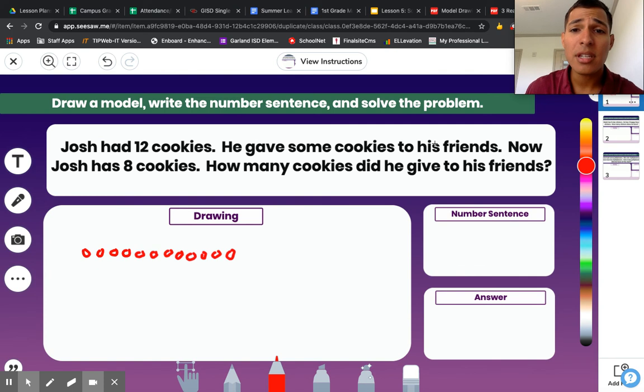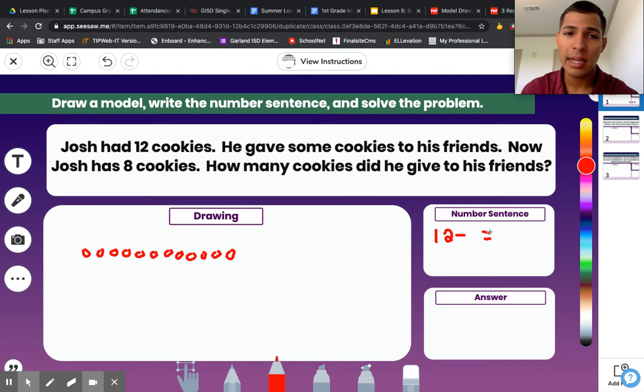It says he gave some to his friends. Now Josh has 8 cookies, right? He gave some. How many cookies did he give to his friends? You know what's going to help us here? Creating our number sentence, right? Because we don't know the sum he gave to his friends. So it says he had 12. He gave some to his friends, so we're subtracting. He's losing.